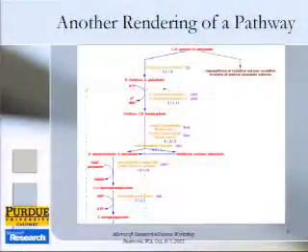So this is, I believe, from the KEGG database, and you'll see that it's quite overwhelming because you have so many items involved in this diagram, and you have to figure out the different kinds of relationships. Now, this is a different way of representing the pathways.